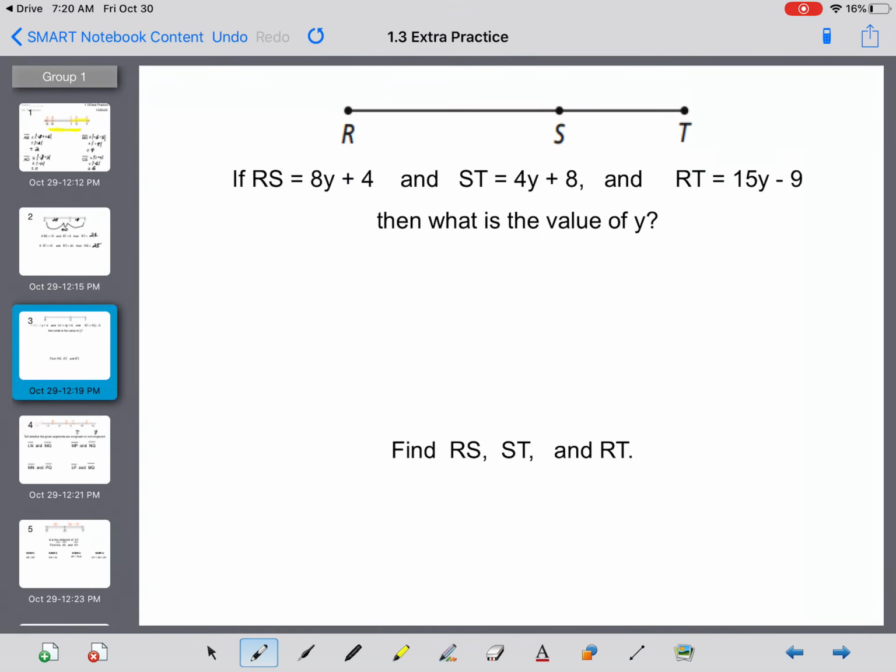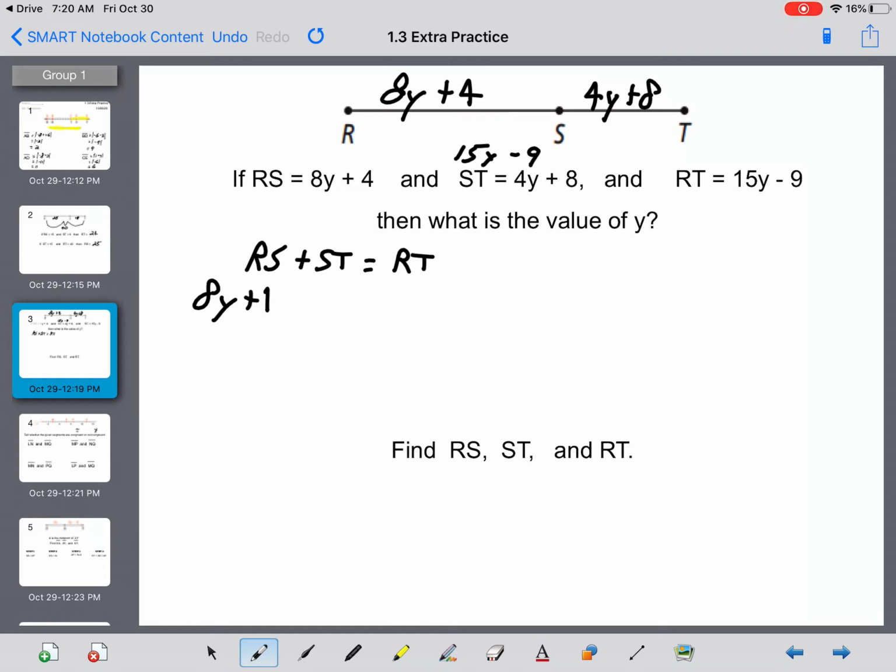Given the same line, if RS equals 8y plus 4 and ST equals 4y plus 8, and the entire line is 15y minus 9, what is the value of y? So we have to do RS plus ST equals RT.